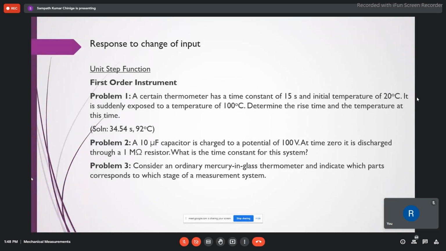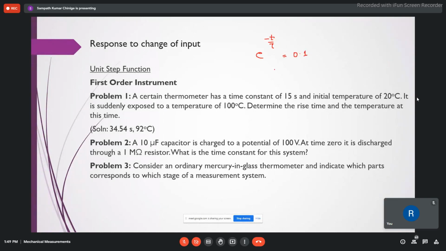Can you solve it? Now tau is given, and what is rise time? Rise time is the time taken for reproducing 90% of the input, correct? Therefore e power minus t by tau is equivalent to 0.1.